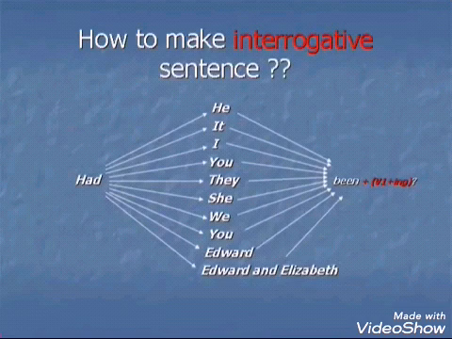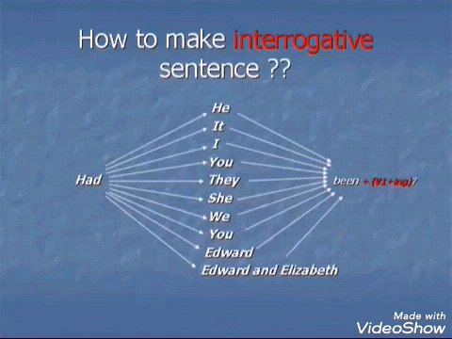How to make interrogative questions in the past perfect continuous?